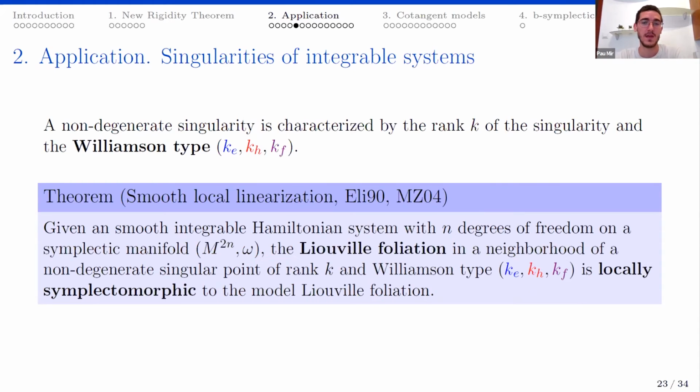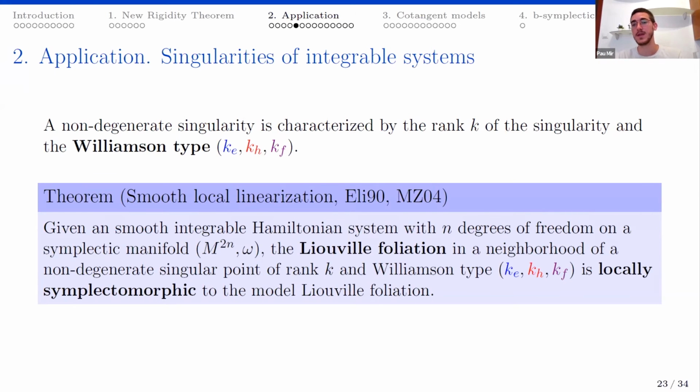This is a theorem, the smooth local linearization theorem due to Eliasson and then reproved and improved by Miranda and Zung, which says that the invariant is not only the point, but the Liouville foliation in a neighborhood of a singular fiber. And they proved that this neighborhood is locally symplectomorphic to the model Liouville foliation given by any singular point of rank K and this Williamson type.